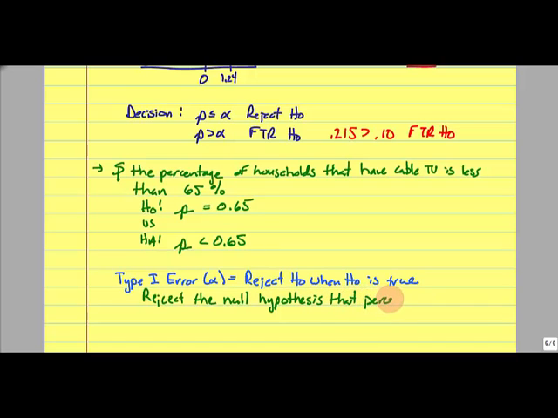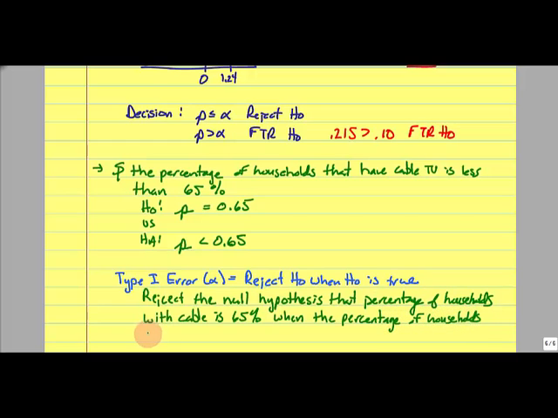that the percentage of households with cable is 65%. So again, reject the null hypothesis that the percentage of households with cable is 65%, so that's this piece, when the percentage of households is actually equal to 65%.